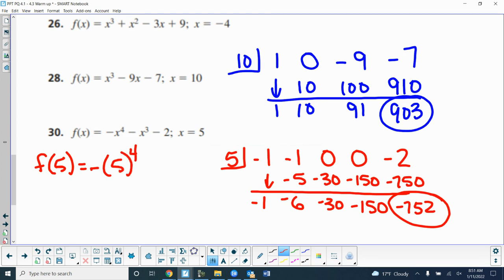So instead of doing that problem, you could do this problem. The remainder is the answer to the problem if I substituted a 5 in. Oh, okay. I thought it was just kind of useless. They're just showing you a different way to do the same type of problem. Okay. Anything else?